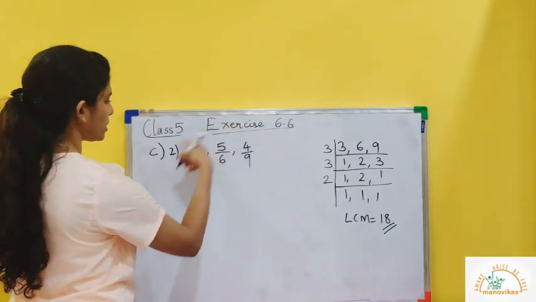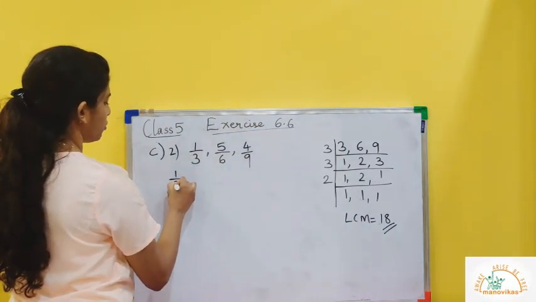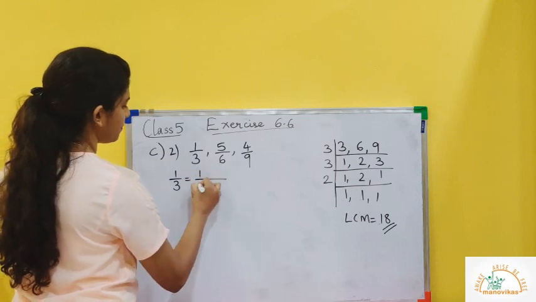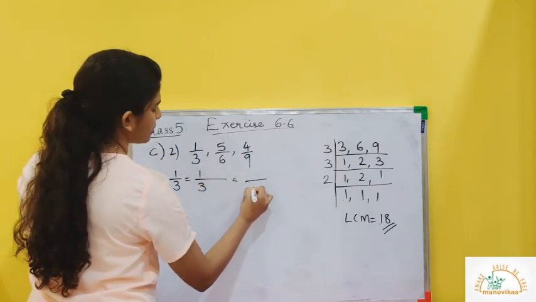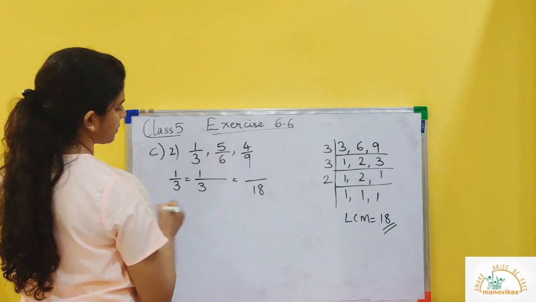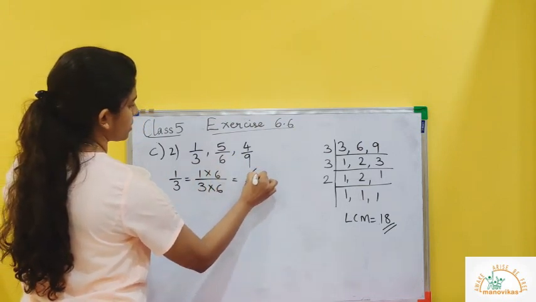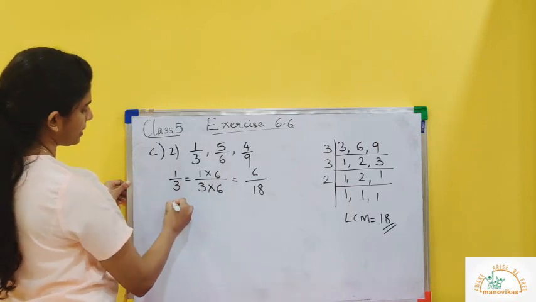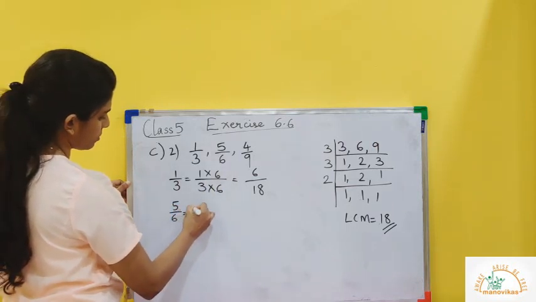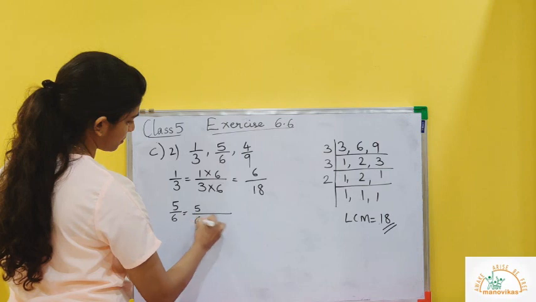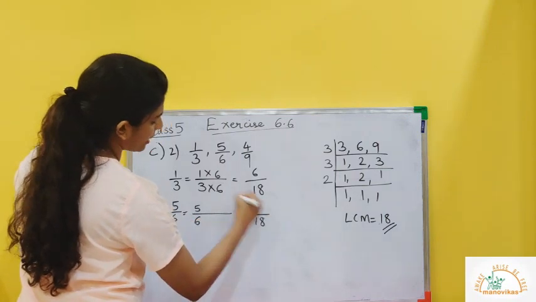So you have to change all these three fractions. 1 upon 3, bring down 1 upon 3. The denominator should be 18. So 3 into 6 will give me 18. So 6 upon 18. Bring down 5 upon 6 now. The denominator should be 18, right?